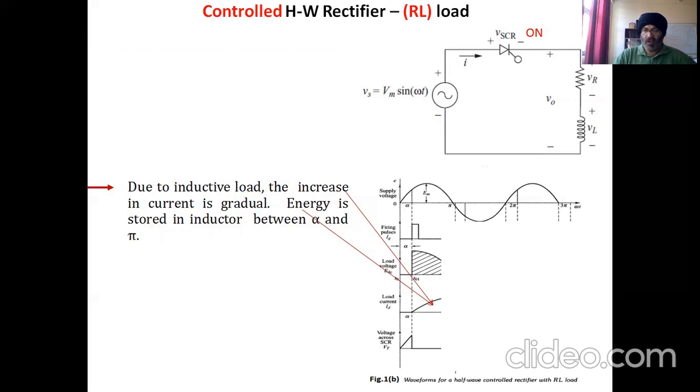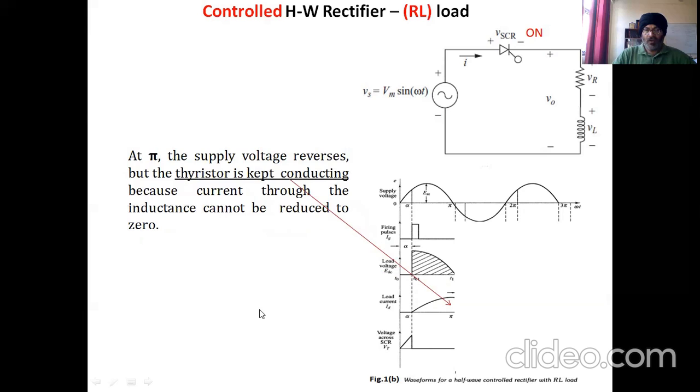And we know that as the current starts to increase gradually in inductor, the inductor starts storing the energy. So energy is being stored in the inductor. So now, when we reach angle pi over here, the supply voltage reverses, means now the negative half cycle will start.